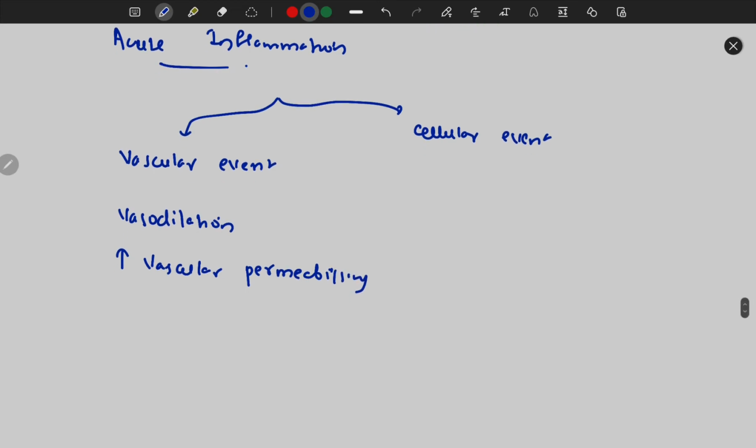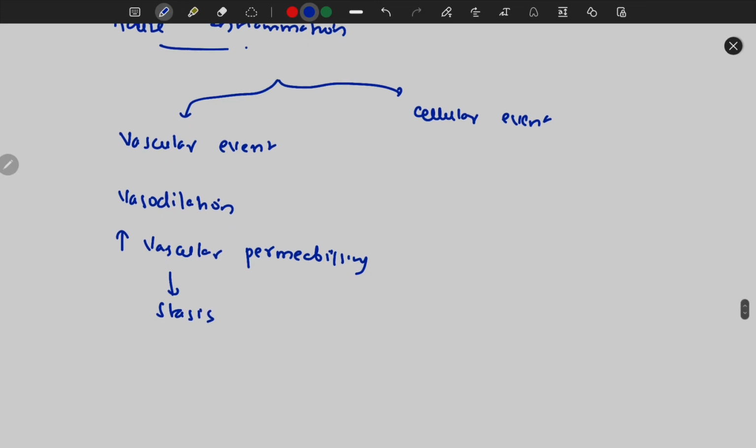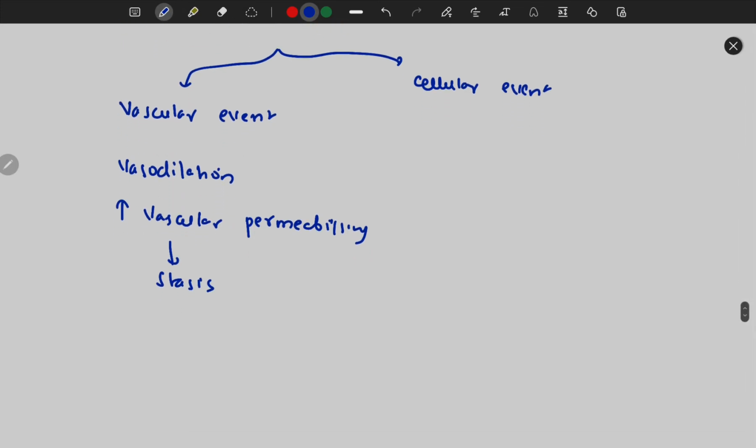Then, due to vasodilation and increase in vascular permeability, there will be stasis of blood, and so there will be margination.